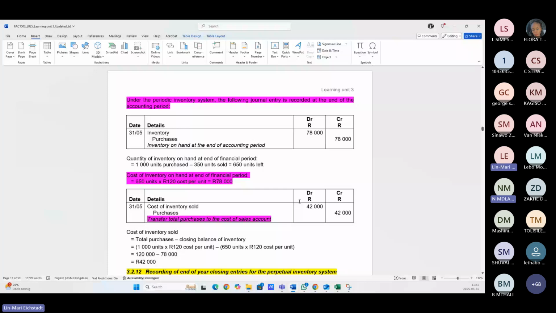So with this example, when we were closing off at the end of the month and we were moving our purchases and our inventory account to determine cost of sales, we conducted the process differently as compared to example 3.1 on page 10.